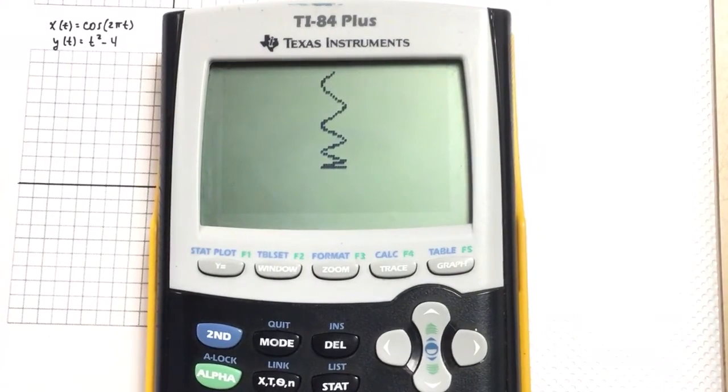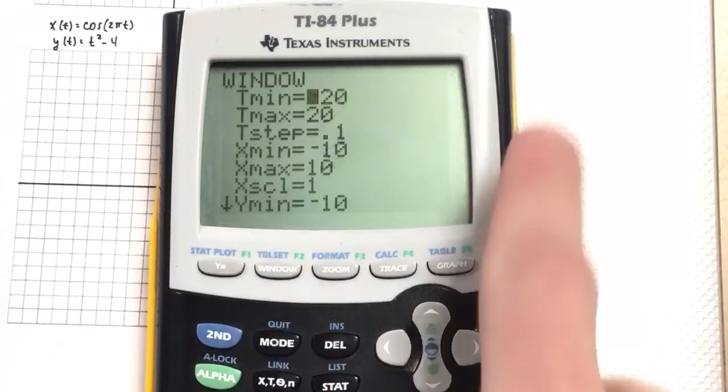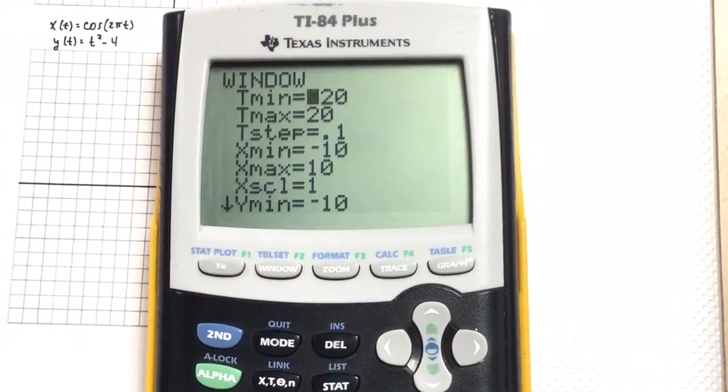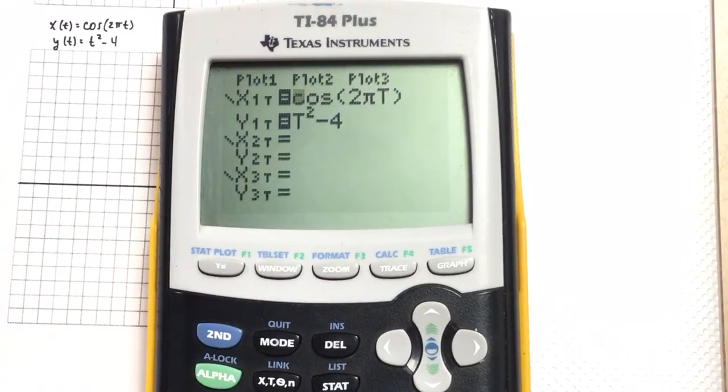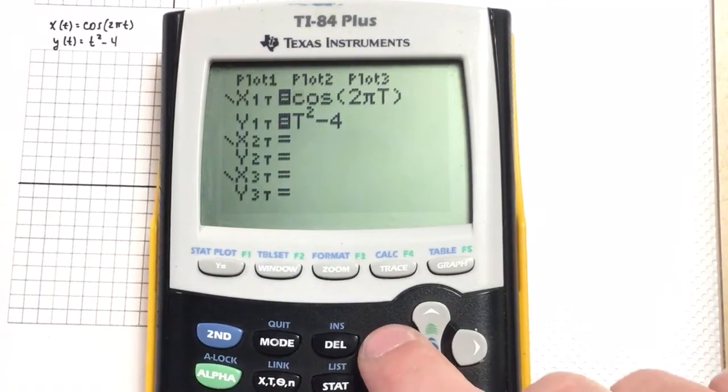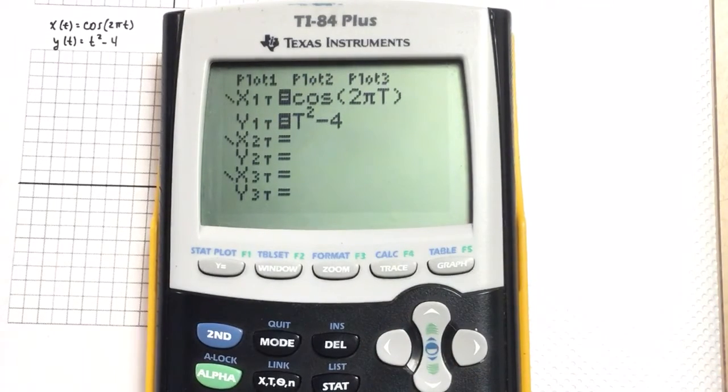We're going to change something on the calculator. I'm going to go back because I don't want to do negative 20 to 20 because that takes too long. Let's make it negative 10 to 10. I'm also going into y equals, and I'm going to tweak how this is represented. So at the equation, I'm going to arrow to the left and highlight this box over on the left.